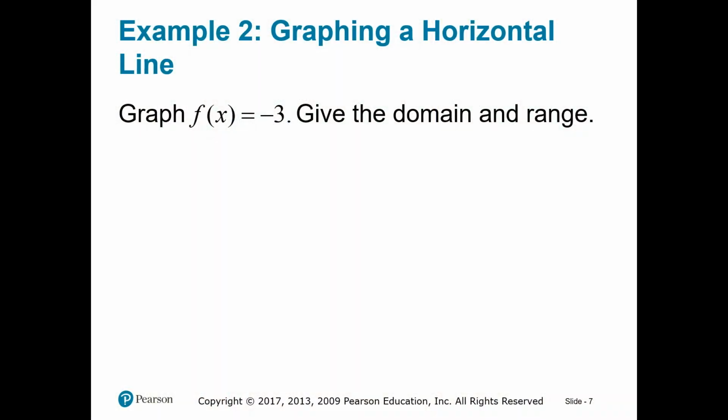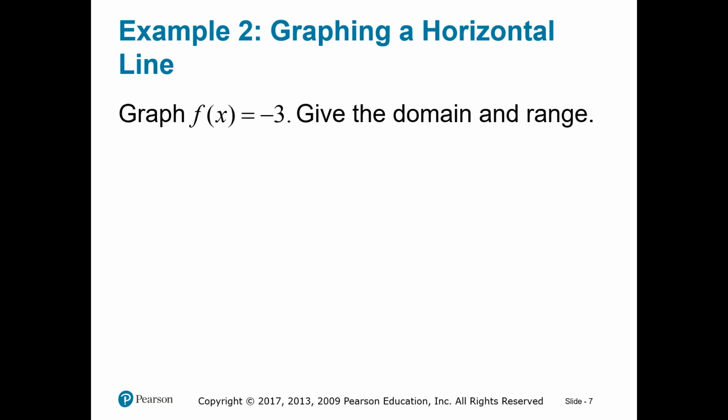So now what will be the domain and range for this function? Can you tell me? What will be the domain? Yeah, the domain is negative infinity to positive infinity, and the range is the set of y values, right? What is the y value there? -3.